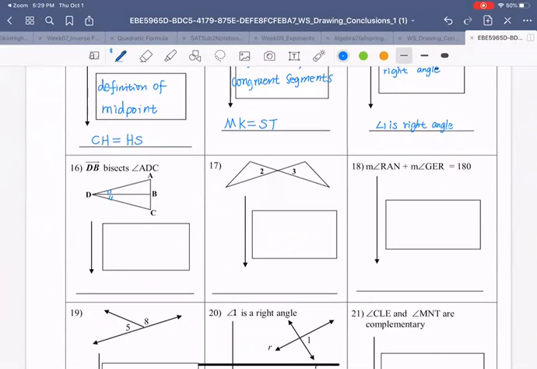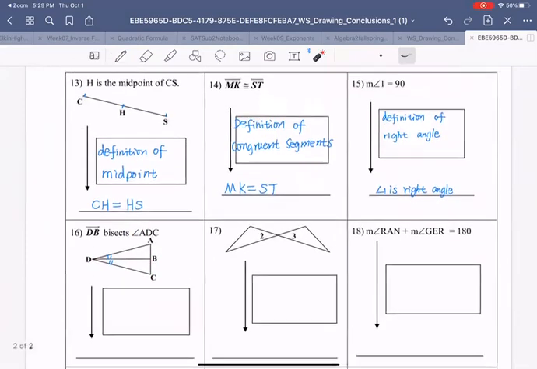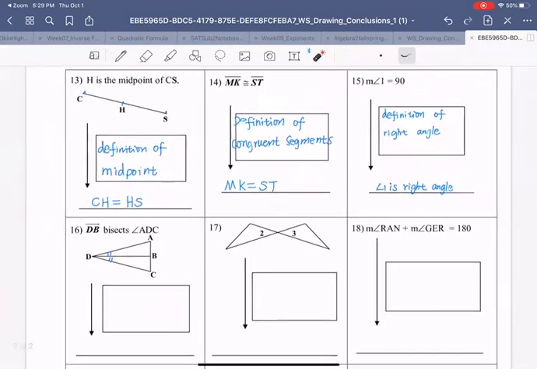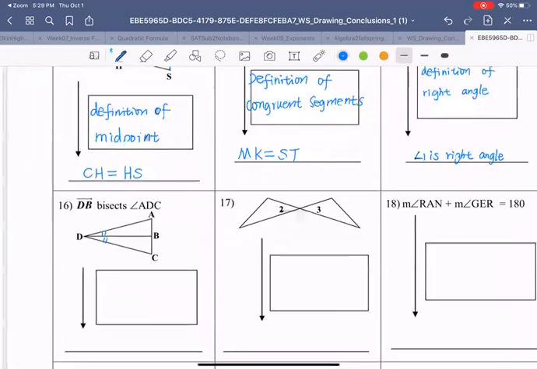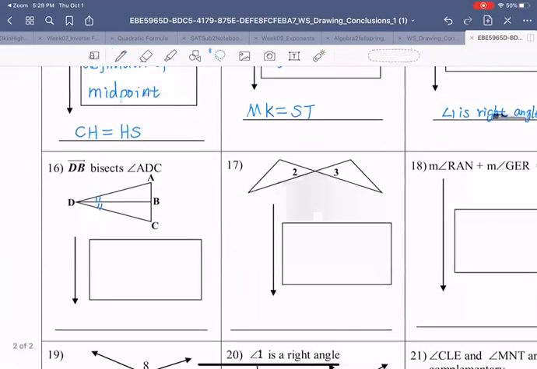When they talk about bisect, you are talking about this angle equals this angle. Yeah, you have to be careful. I was trying to say angle ADB equals angle DBC. So this one is the definition of angle bisector.